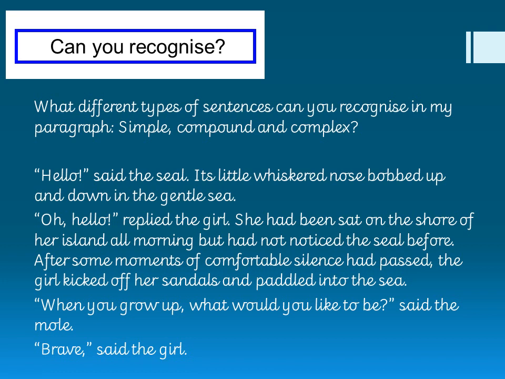Well done if you got that right. We've got our subordinating conjunction after at the front, and we've got our comma in the middle, showing that that is the subordinate clause, followed by the main clause. The main clause being the girl kicked off her sandals and paddled into the sea. And she did that after some moments of comfortable silence.